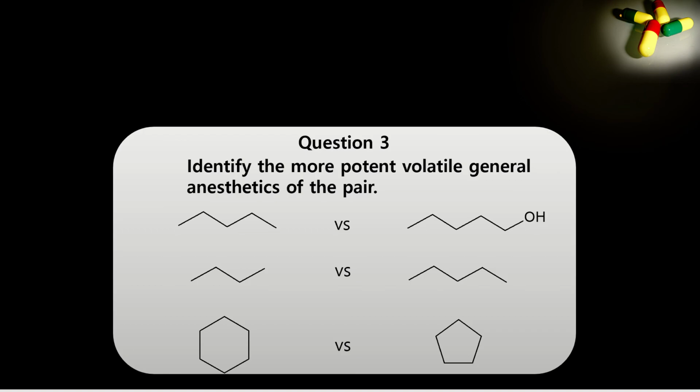So that leads us to question 3, which is: identify the more potent volatile general anesthetic of the pair. So based on the structure activity relationship that we just did, which one is more potent? So take a second and analyze them and answer the question.